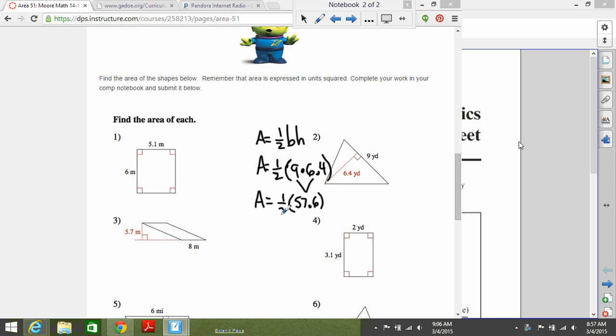And then times 1/2. What do I use in place of this half right here? So 0.5 times 57.6. A equals, what did you get? 28.8 yards squared.